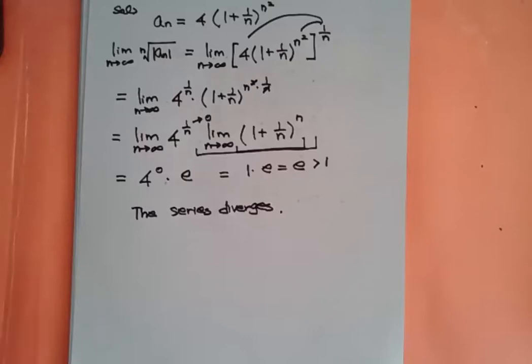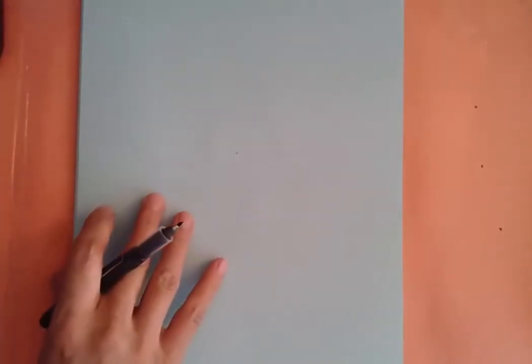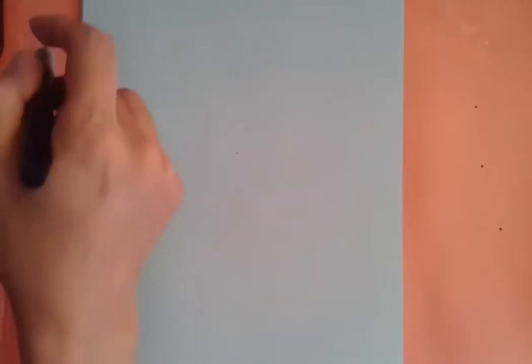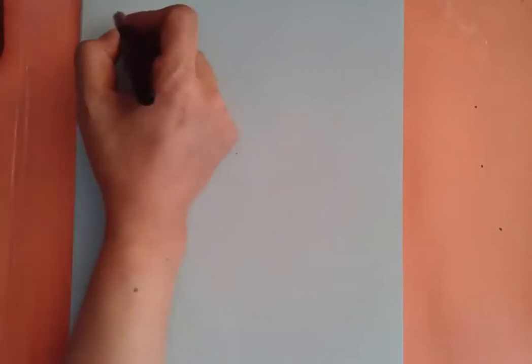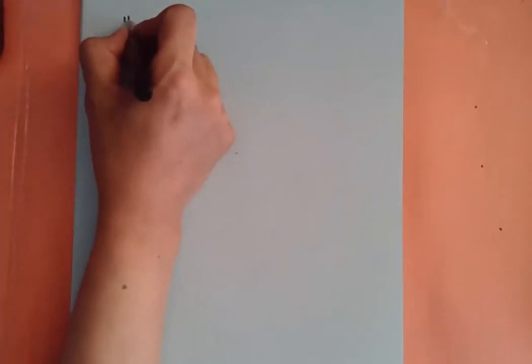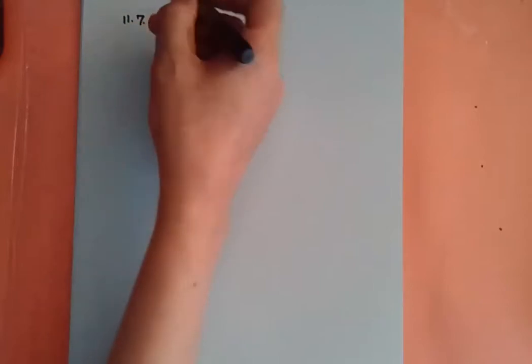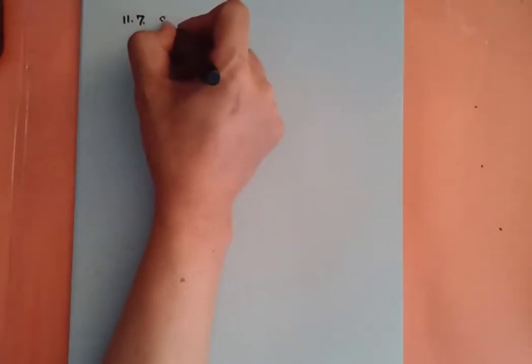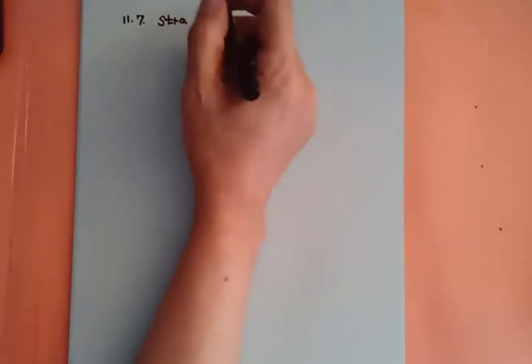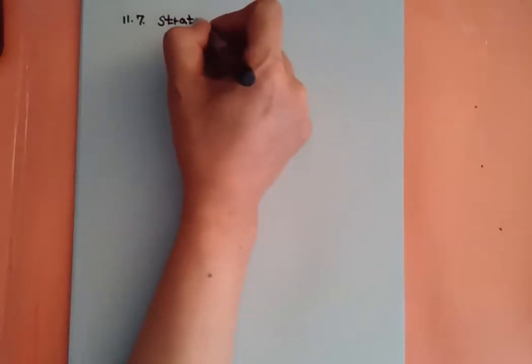That's it for this section. 11.7 is about the strategy for testing series. We combine all of those, and we are thrown a random type of question, and we have to decide which convergence test we have to apply.